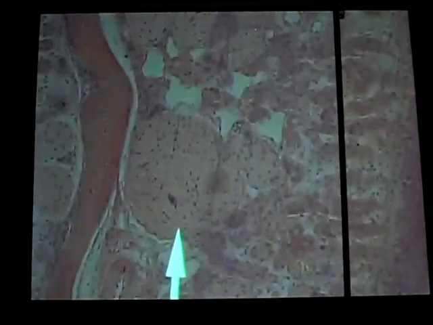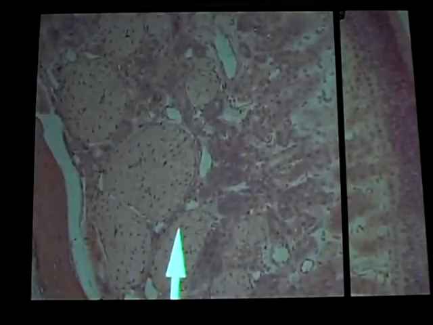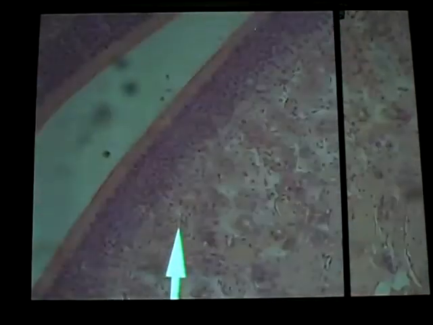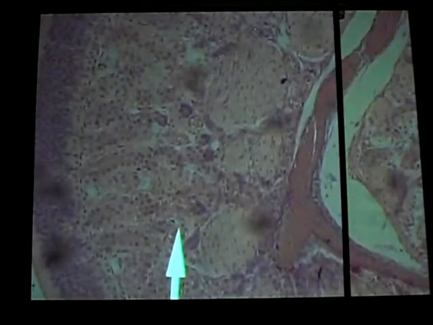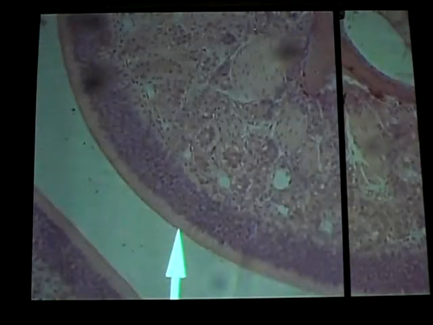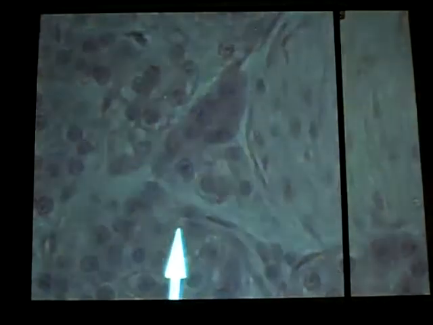That's called your fila olfactoria. You're going to find those as well as serous glands below the epithelium, and those are called your Bowman's glands. If you're seeing all those nerve bundles along with this thick epithelium, then we know that that's our olfactory epithelium.